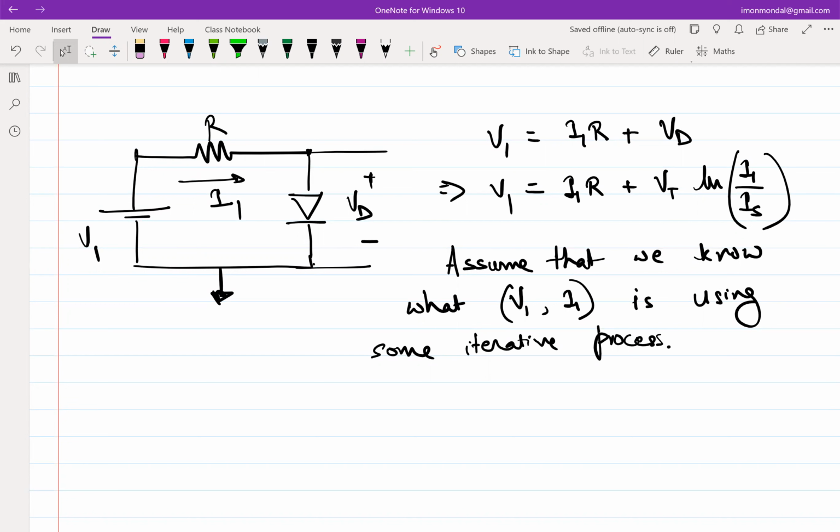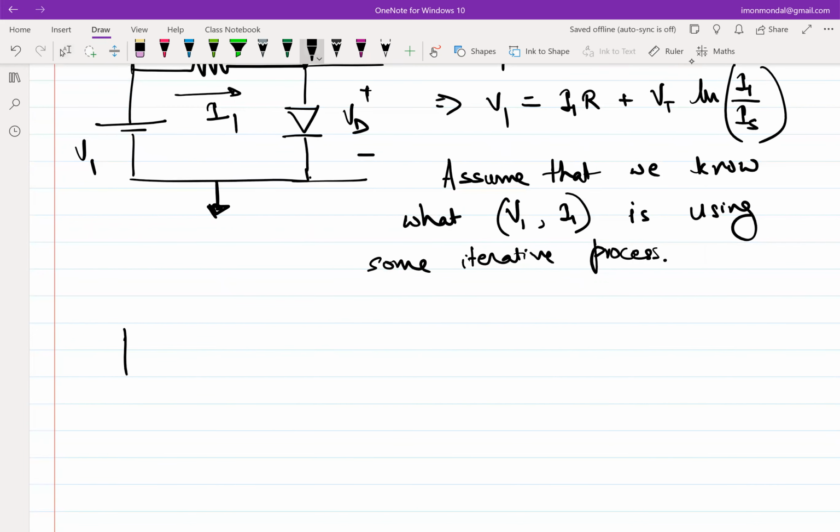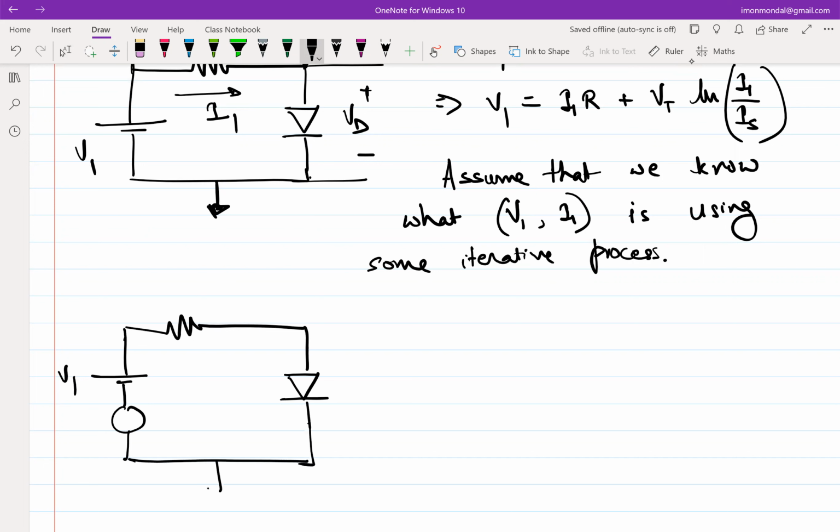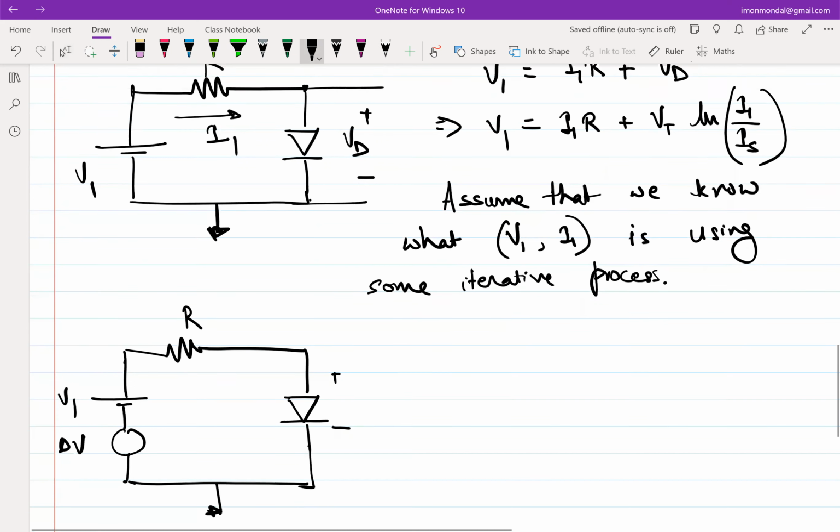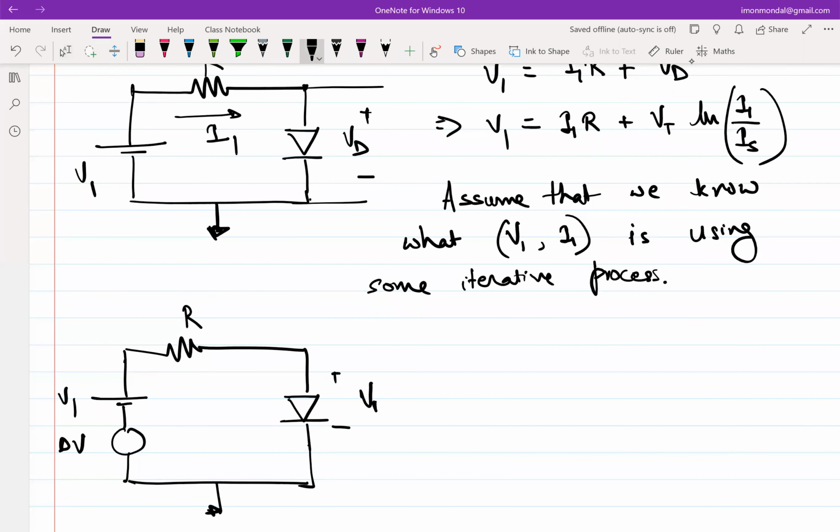Okay, so let's say that we have put in some effort and figured this out. Then I come to you and say that I will just change this. This is not something I want. I made some mistake in hooking up my circuit, or maybe I don't want V1. Instead of V1, I want V1 plus delta V. So what is this new VD?